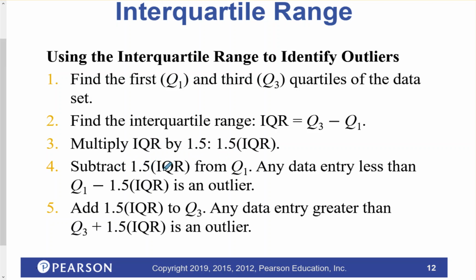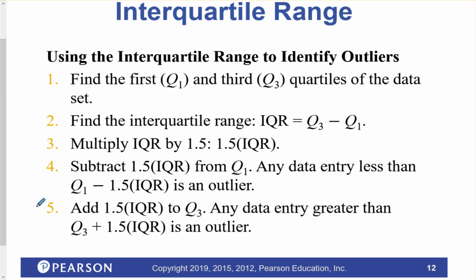Subtract 1.5 times IQR from Q1. Any data entry less than Q1 minus 1.5 times IQR is an outlier. And then add 1.5 times IQR to Q3. Any data entry greater than Q3 plus 1.5 times IQR is also an outlier.